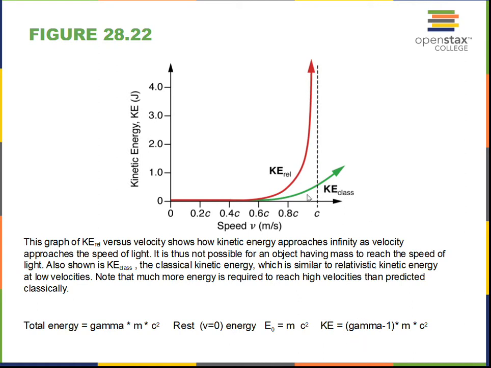So there is a limit on speeds. c is the speed limit for the universe, 3 times 10 to the 8th meters per second. Nothing that has mass can go as fast as c. What does travel at the speed of light? Light travels at the speed of light. Light does not have mass, so it's not in violation of what I've been talking about here.